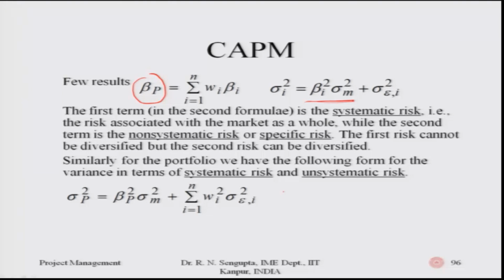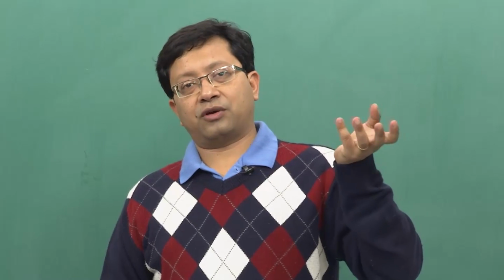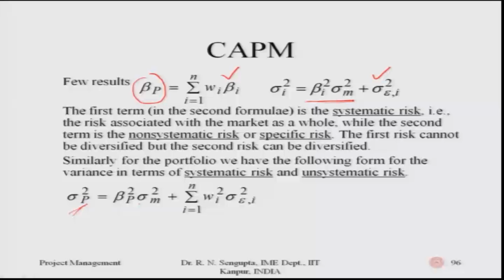Similarly, for the portfolio, there are two types of risk again, extending from the first and second formulas. You have the overall risk of the portfolio, where portfolio means the conglomeration of assets or projects you have made. That is the multiplication of two terms: again the market risk multiplied by the square of the beta of the portfolio.